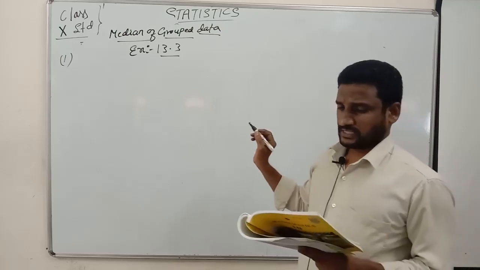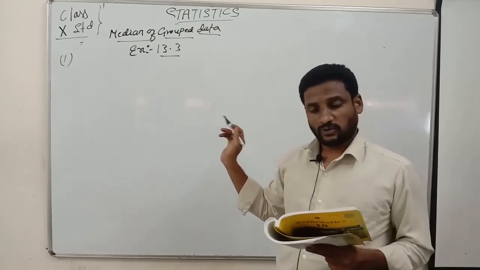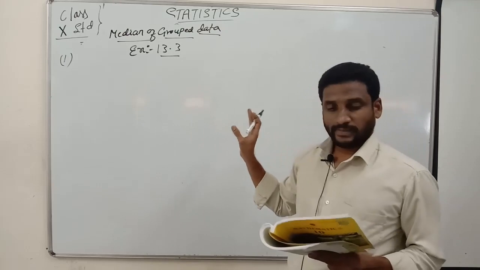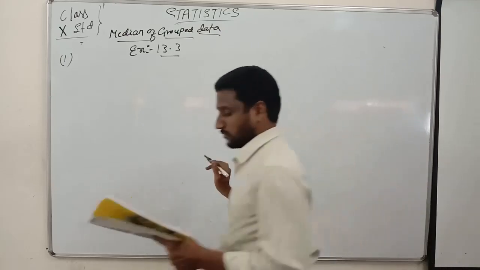So mean, median, mode are there. Already I showed how to calculate mean and mode. Now I am showing only the median. So how to calculate median for grouped data?